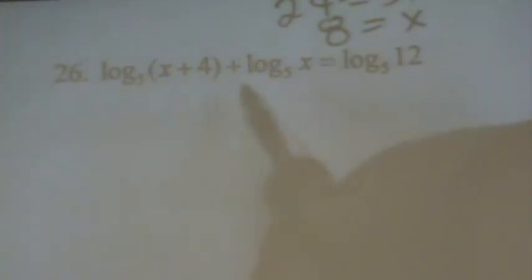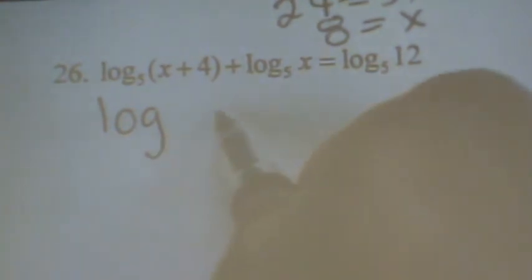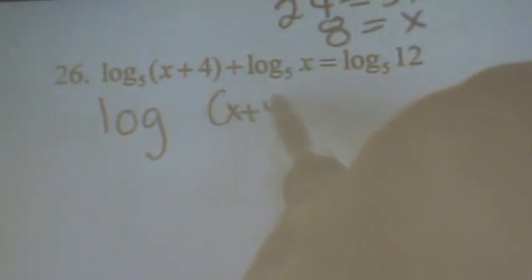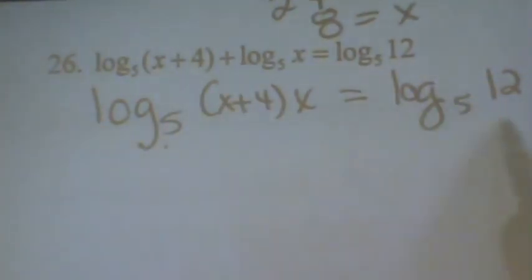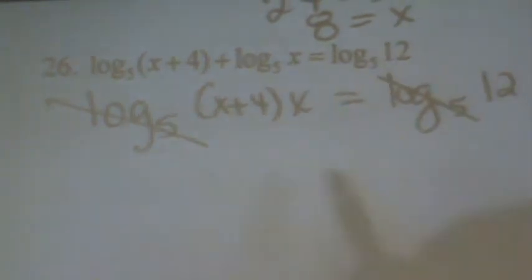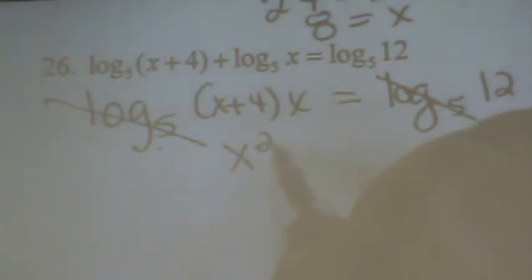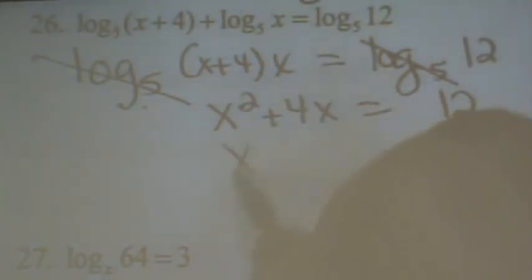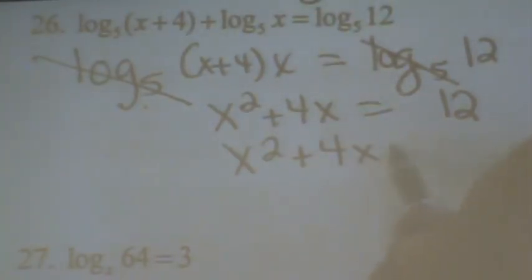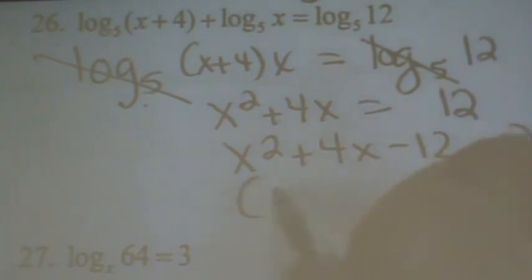26, what are they asking you to do? Multiply. So you've got the log of x plus 4 times x equals the log of 12, and they're both base 5. Now, bases are the same, I can cross them out. So you've got x squared plus 4x equals 12. Get a 0 on one side and factor.